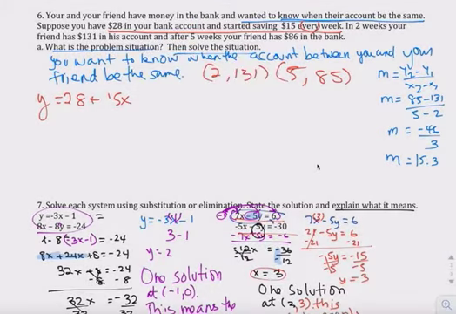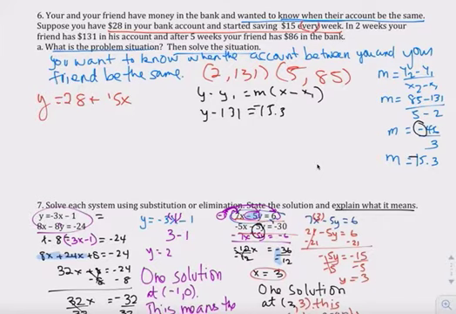So we'll use y minus y1 equals m parentheses x minus x1. y minus 131 equals m, which is negative 15.3.